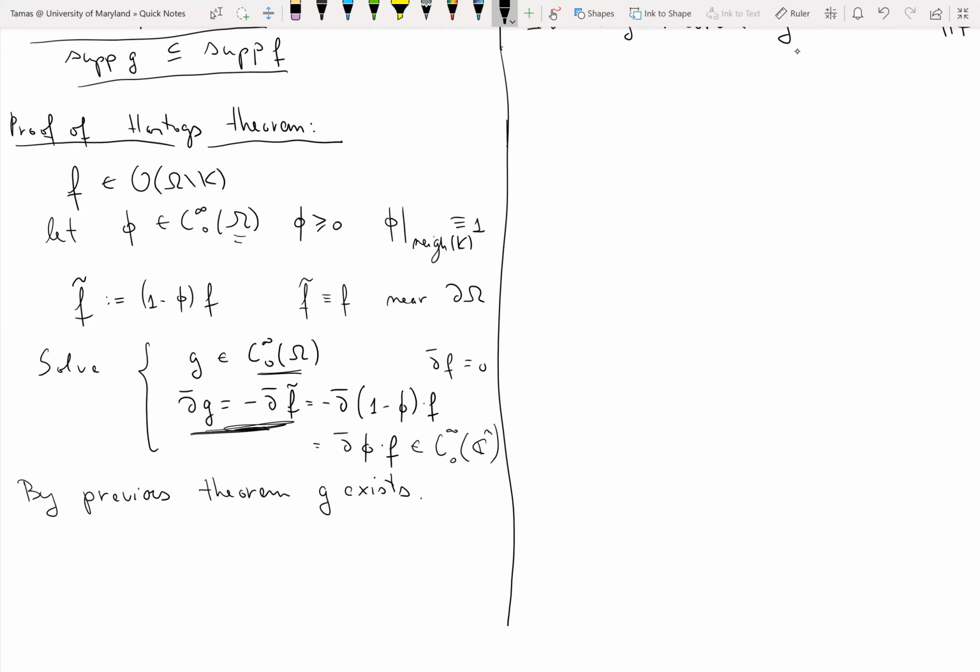Okay, so now we define F to be the following function. We want F to be f tilde minus g. So this is obviously a smooth function in omega.